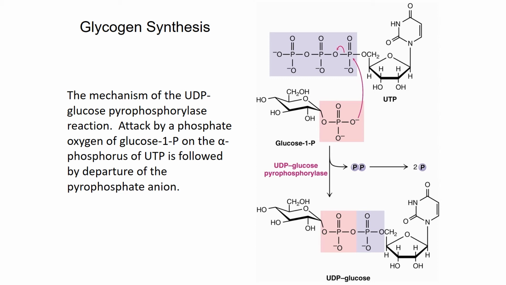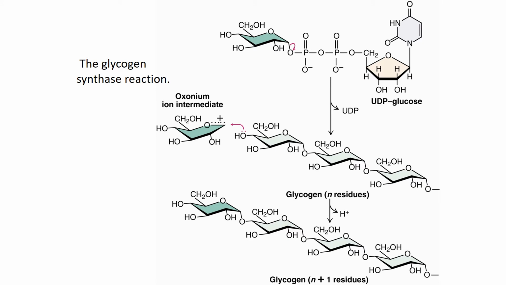We're going to lose 2 of those phosphates, which are then converted to inorganic phosphates and then produce that UDP glucose. The glycogen synthase reaction is then going to remove that UDP and then add that glucose unit to a growing glycogen chain.